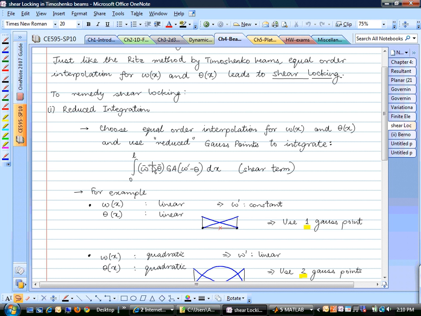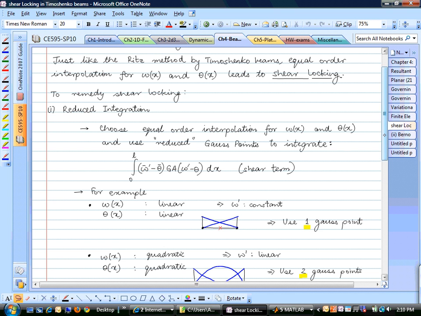But if we want to integrate only w prime exactly, which is constant times constant, we can integrate a constant function with just 1 Gauss point. So even though we know that theta needs 2 Gauss points, we will deliberately choose only 1 Gauss point, and that is what reduced integration does. If you do that only for the shear term, that fixes the shear locking, and that makes your stiffness matrix soft enough so that you will get good results.